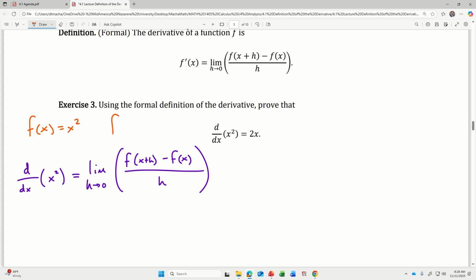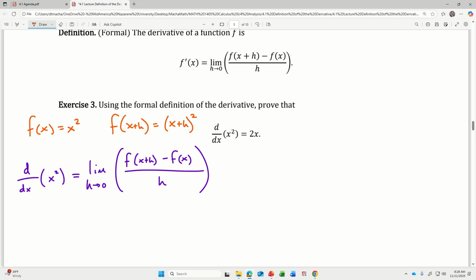So what is f of x plus h in this case? It's x plus h squared. I'm taking the f function, which is the x squared function, but I'm replacing the entire argument with x plus h instead.